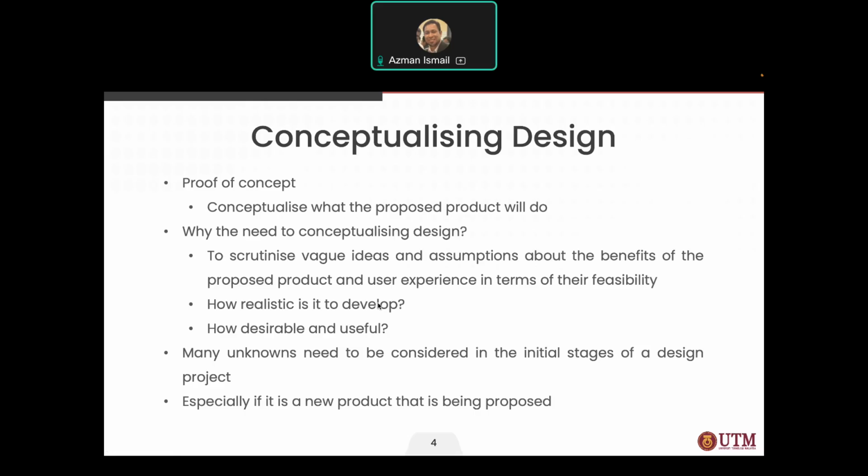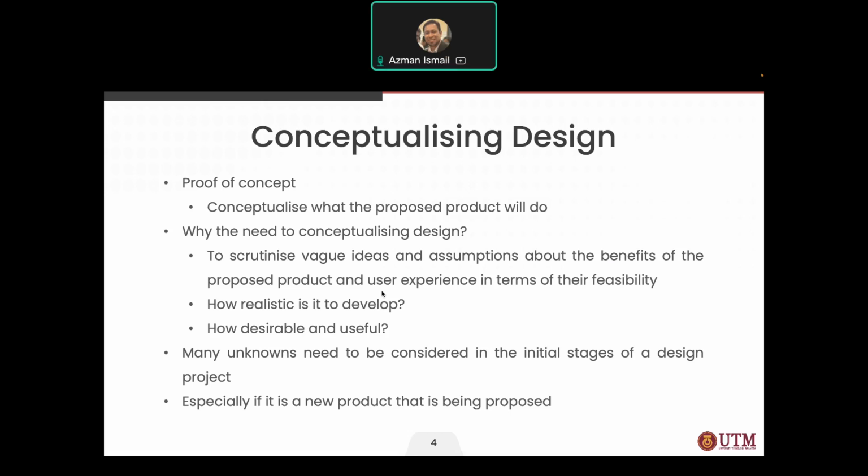Okay, so the assumption is based on the designer's thinking. Conceptualizing design forces us to ask, okay, what will the product actually do? Why does it need to exist? How will people use it? Is it realistic? Okay, most bad products fail not because of bad code, but because of bad thinking.